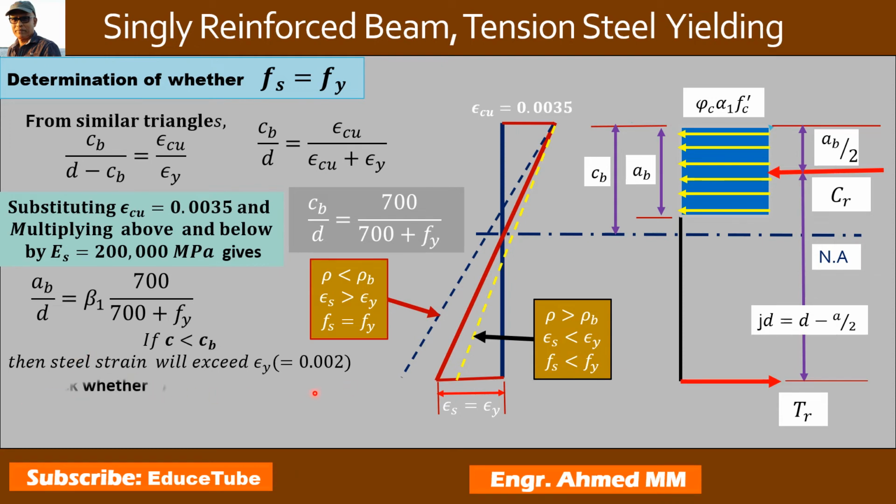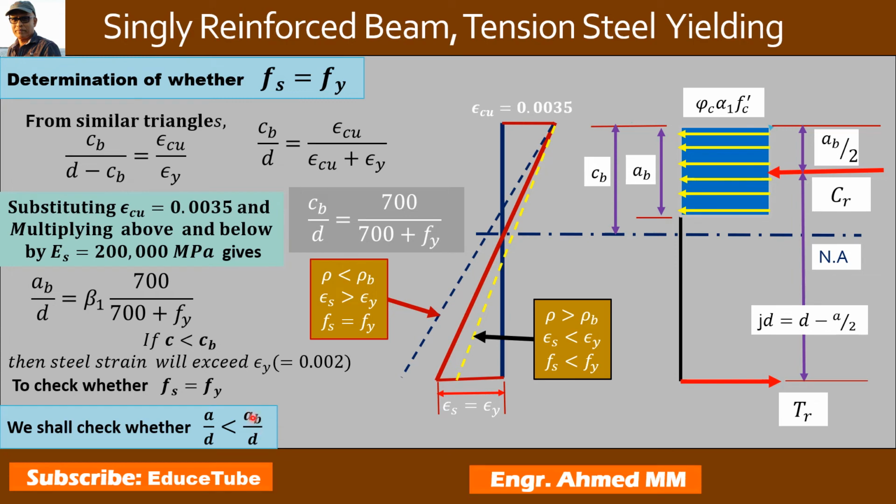Now what can you write? To check whether Fs equals Fy, of course, a by d must be less than ab by d. So when we do our example problems, we will always check that a by d must be less than ab by d.